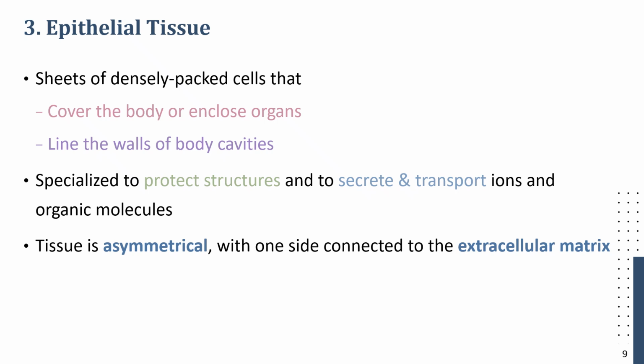So if you think about your stomach, you've got this inside that is the lining of the body cavity. That's not going to be connected to any other cells other than the ones next to it. But on the backside, on the inside layer of the lining of your stomach, that's going to be connected to other cells. And it is connected by that extracellular matrix.